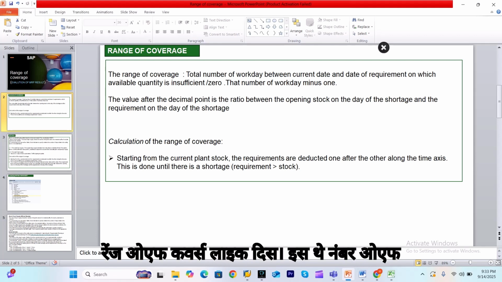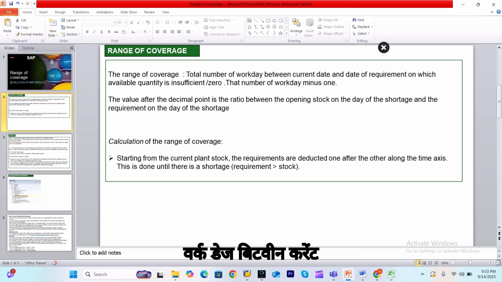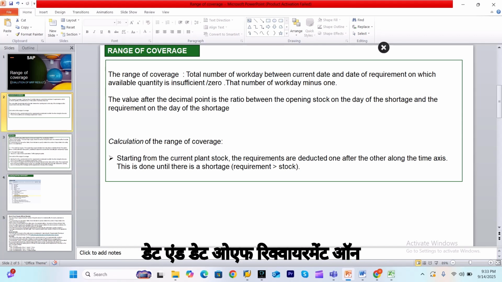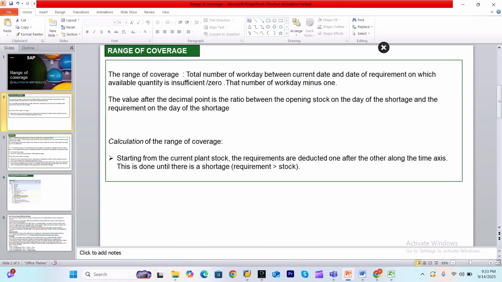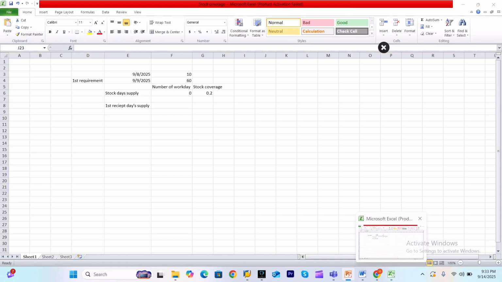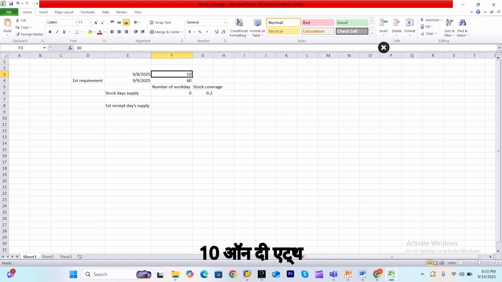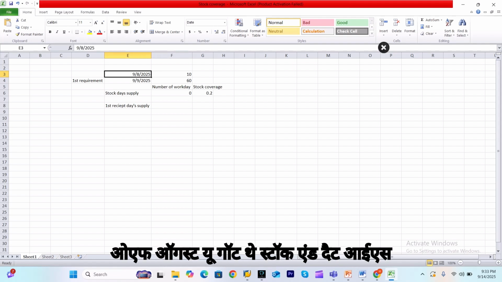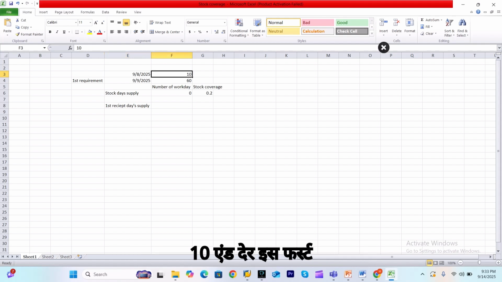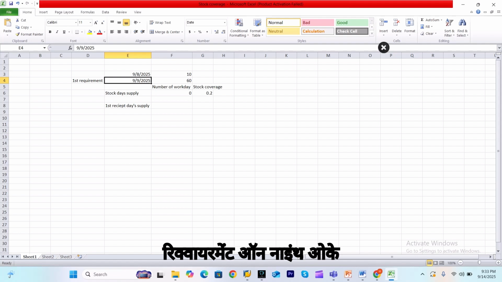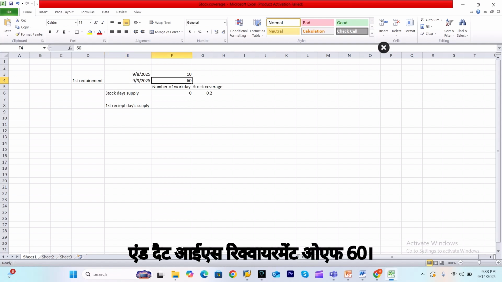So range of covers is the number of work days between the current date and the date of requirement on which the available quantity will be either insufficient or zero. Take this example: suppose your stock is 10 on the 8th of August, and the first requirement is on the 9th, a requirement of 60.